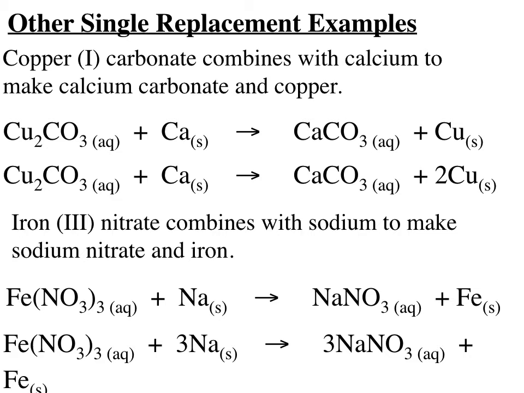It only works in one direction and one direction only. What we will see as we learn is that we say sodium is more active than iron towards being what we call a reducing agent, or forcing the iron out of the compound. But for now, we'll worry about that later. We're more concerned with just identifying this as a single replacement reaction and also making sure we can see how to balance the coefficients in it.